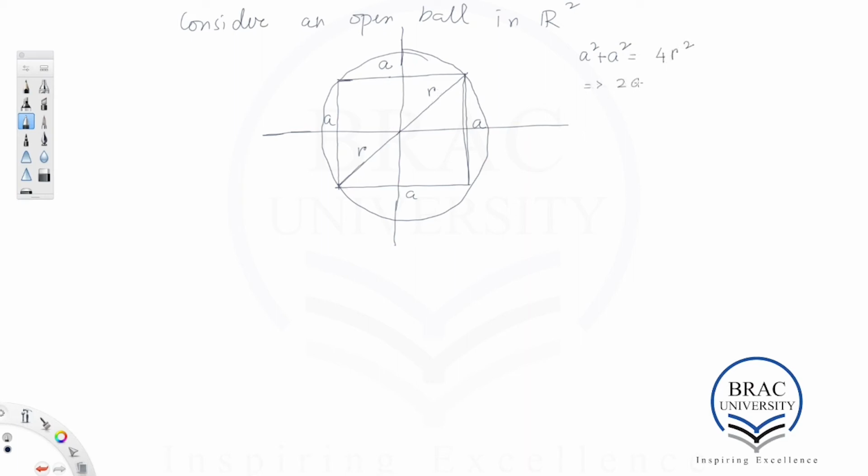It means that 2a squared is 4r squared. In other words, a is equal to square root of 2 times r. So we have seen that a is equal to square root of 2 times r. So if the coordinates of this point P are (P1, P2), then find out the coordinates of these 4 points.